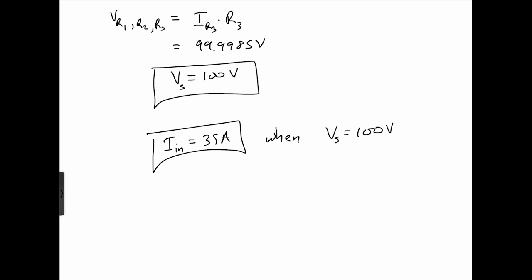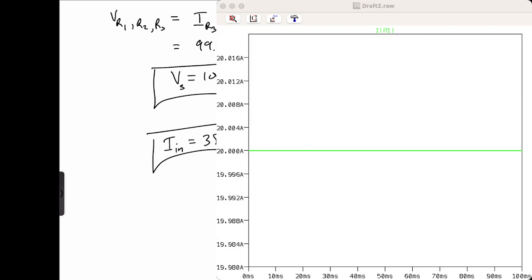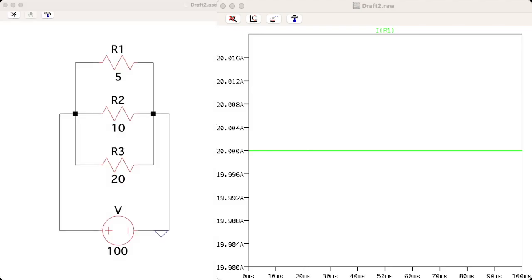So before we end this video, we can take a look in LTspice. So I can go ahead and enable these. So you can see we have the same circuit, same resistor values.